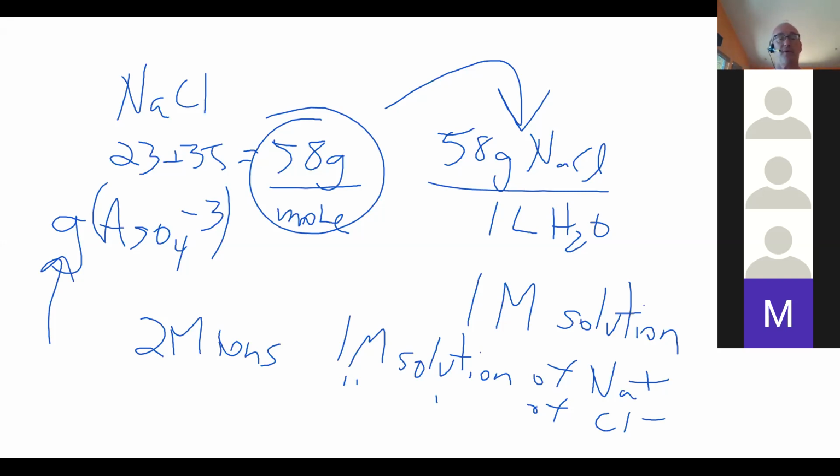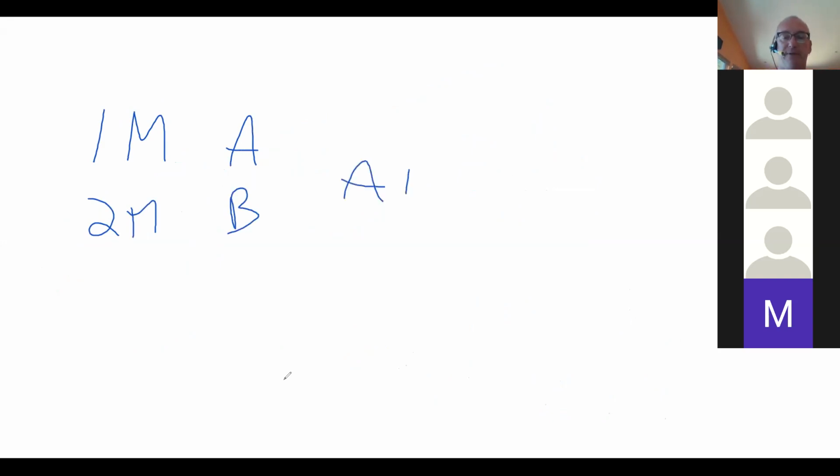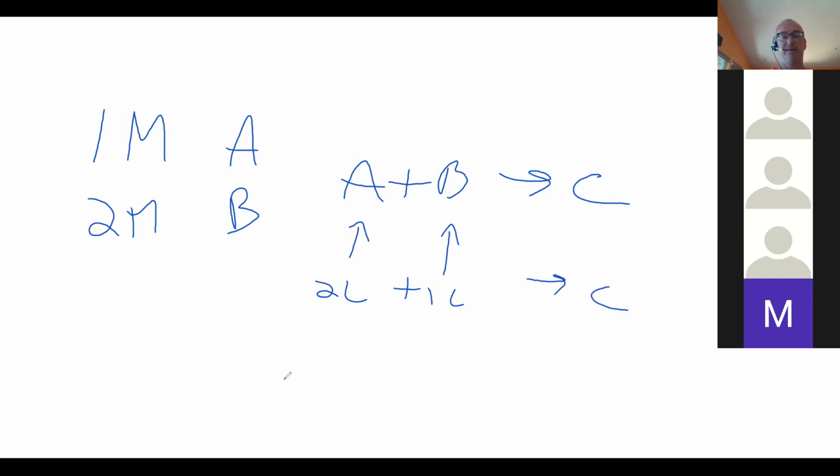Another thing to point out, this is for reactions in solutions. So if I have a 1 molar solution of A and a 2 molar solution of B, and my reaction is A plus B gives C, what that tells me is that I'm going to need twice as much A. I'm going to need 2 liters of A to mix with 1 liter of B to get my reaction, because this one is twice as concentrated.